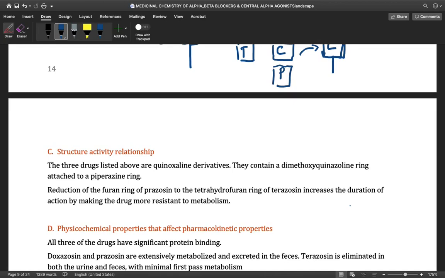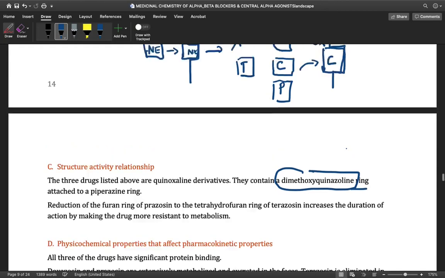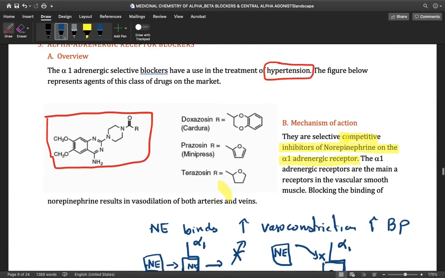Now, these drugs are quinazoline derivatives, and they have a dimethoxyquinazoline ring that's attached to a piperazine. And again, when you hear these fancy names, look for what you know. Dimethoxy, okay, this is a methoxy group. This is a methoxy group.